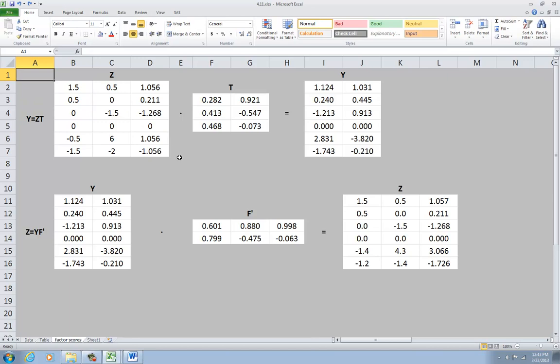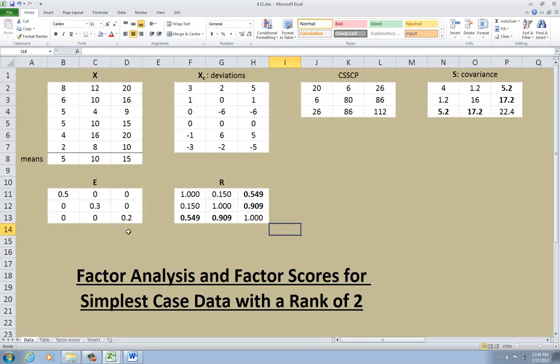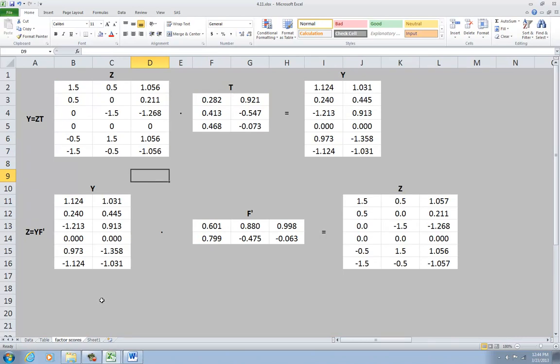And actually, I realized there was a mistake. This should be 1.5, and this should be negative 0.5. And the reason why it turns out this way is Z is actually derived, as we talked about in the previous video, from the matrix of deviation scores times the standardizing matrix E. So if we go back to our data here, we multiply this deviation score matrix times the E matrix to get Z, which is once again our manifest variables.